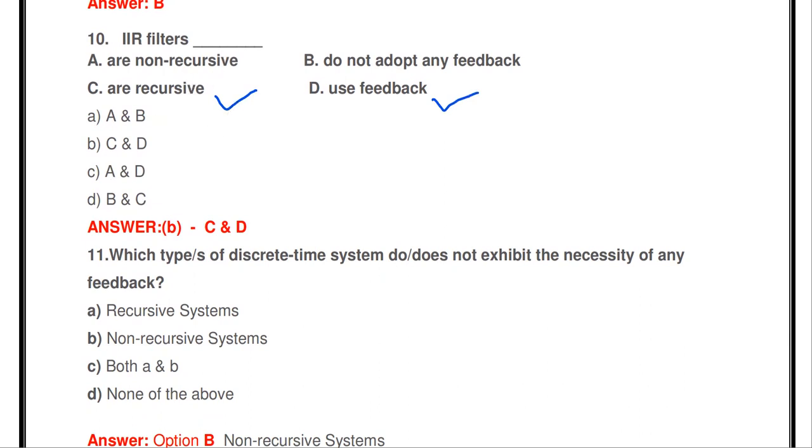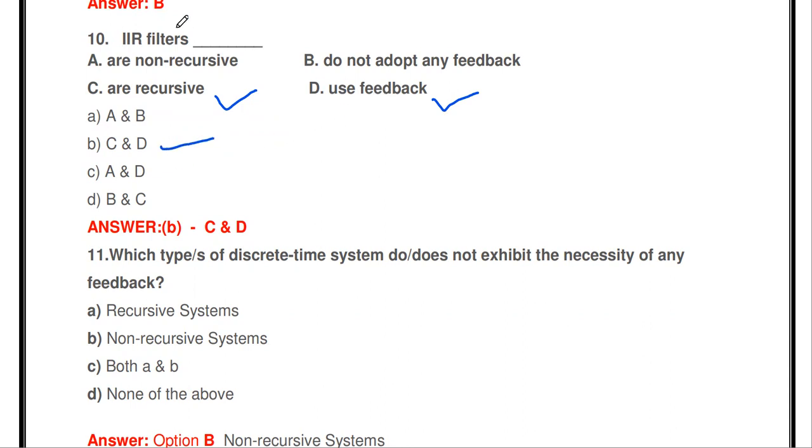Recursive means, as you already know, the present output depends upon present input, past input and past output. So in order to take the past output, the IIR filter needs feedback. So IIR filters are recursive and use feedback. So C and D is the answer.